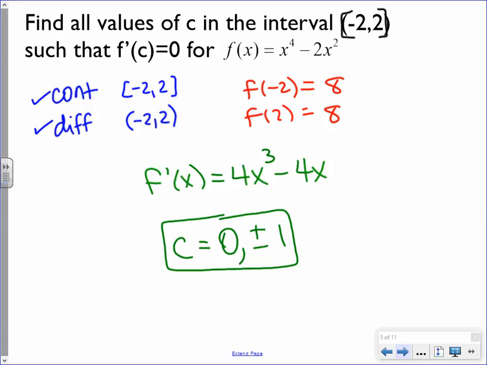Yes. Okay. Excellent. Now, Rolle's theorem is actually a special version of the mean value theorem.